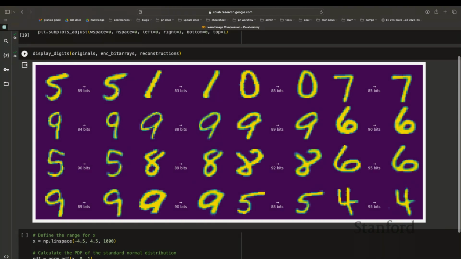These are again 28 by 28 black and white images, so roughly 900 bits, and we have come up with a learned compressor that uses approximately 90 bits and reconstructs images that look like the original. Pretty cool, right?